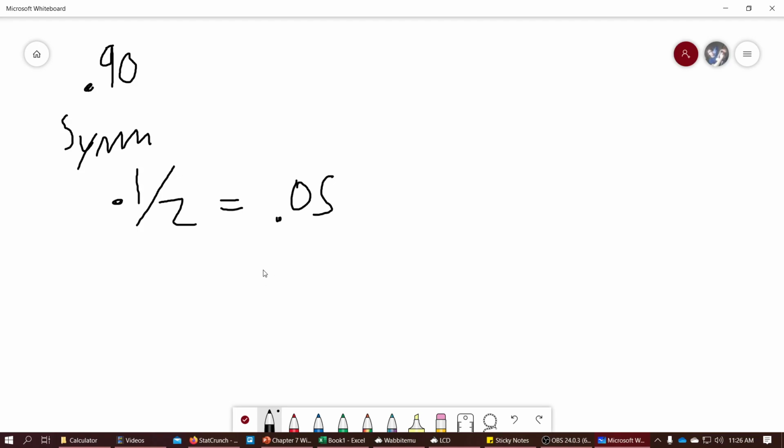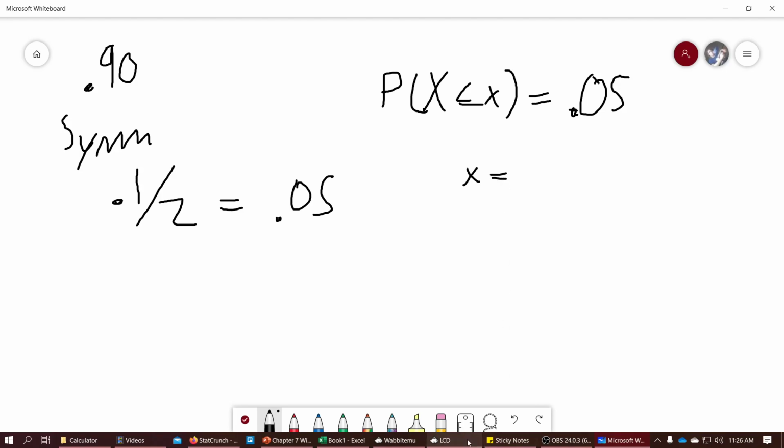Okay, so we're going to start by trying to find x1. We want the x value such that the probability of X being less than or equal to that x value, the tail on the left, is equal to 0.05. This time I'm going to use a calculator to solve this rather than go through the entire process. So pull up the calculator.